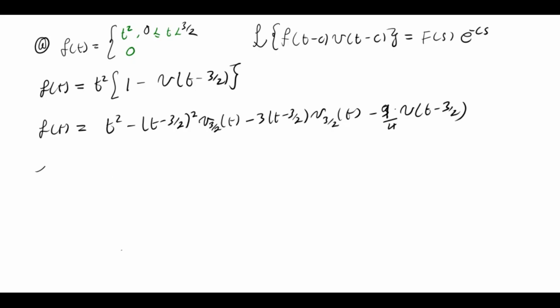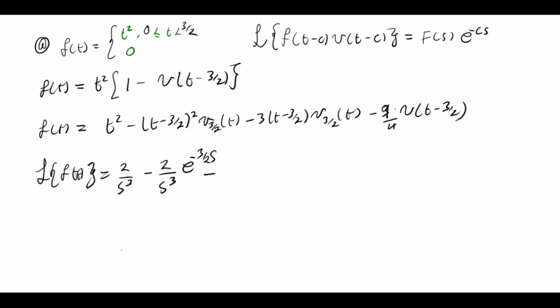So the Laplace transform here of our f of t is going to be equal to, this one is going to give us 2 over s to the power 3. This one you also consider t squared, it will be minus 2 over s to the power 3, but you're going to say e to the minus cs. What is our c? Our c is 3 over 2s.